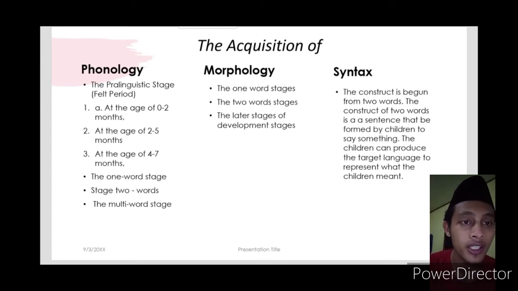And then the second stage is the 2 words stage. In this stage, between approximately 18 to 24 months of age, children begin to use 2 word utterances. At first, they may seem to be simply two one-word sentences produced one right after the other. There may be a pause between them.